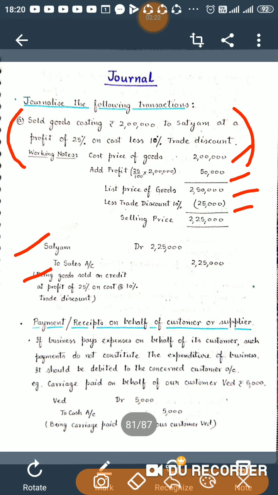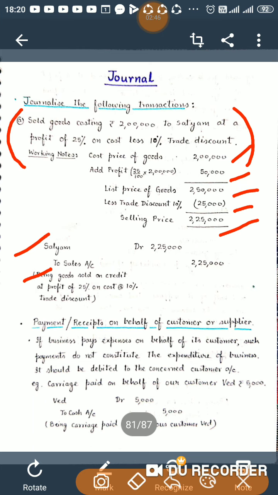We deduct it and selling price becomes 2,25,000. So on this amount we are selling to Satyam. So the journal entry will be Satyam account debit to sales account 2,25,000 and narration will be being goods sold on credit at a profit of 25% on cost at 10% trade discount.